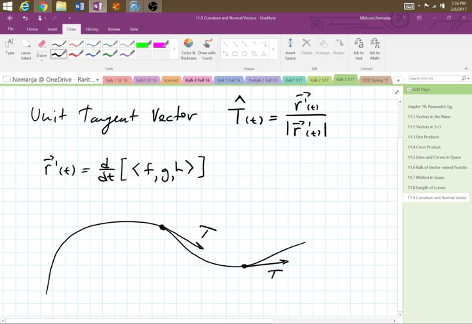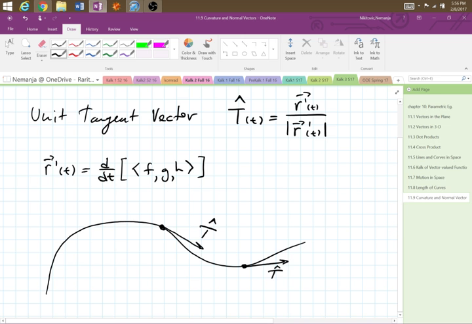The magnitude of the tangent vector will tell us how fast it's moving, but we are generally interested in the direction for purposes of building other formulas. So we keep that down to a unit. So I'll put these hats on these vectors because these are unit tangent vectors.